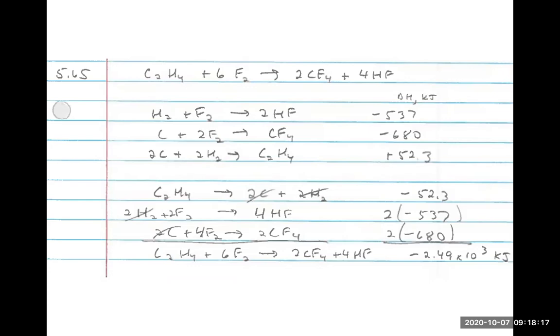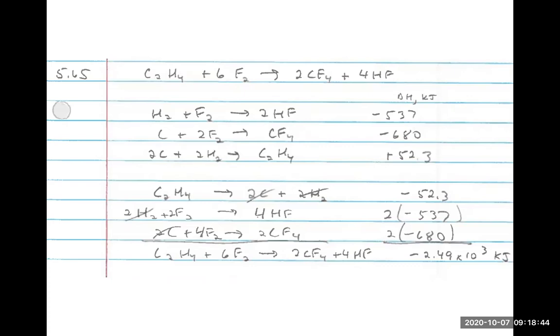Yeah. So when you flipped C2H4 and 2C and 2H2, is that because on the left side of the original equation, C2 and H4 were on the left side? Yes. Okay. Yeah, because if I left it like that, if we just added all those together, I don't have any C2H4 on the reactant side of my equation up top.